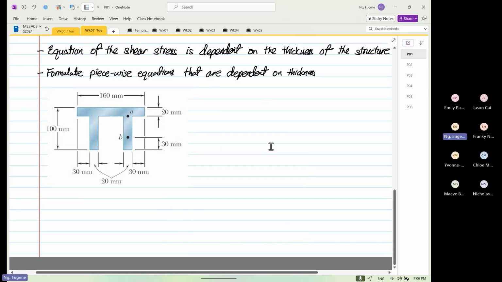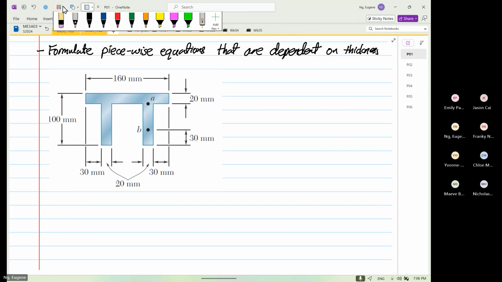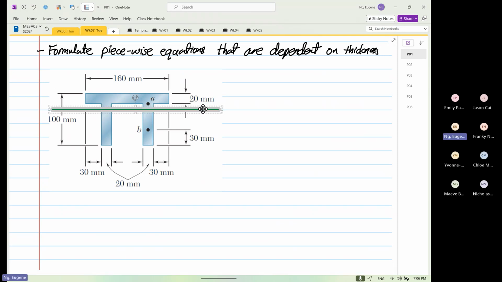Knowing the centroid, I'm going to sketch it, this is the position of our centroid. We are aware that from the top, this distance is 35 millimeters. So what do I mean by piecewise equation?